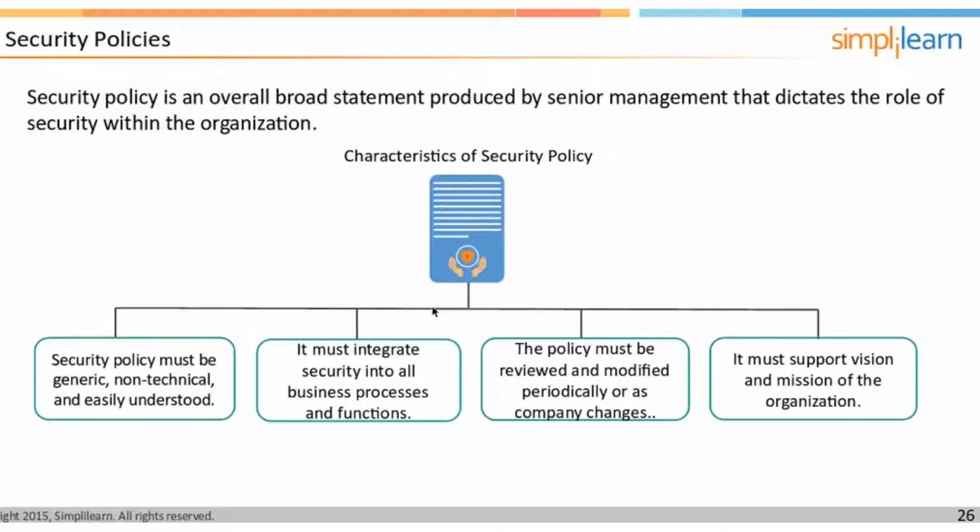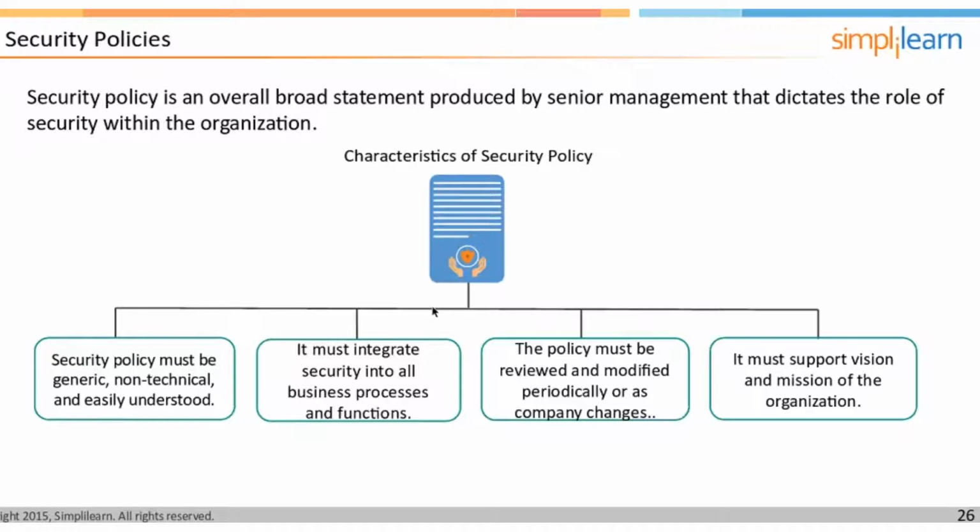Some of the characteristics include: it's going to be generic, a very broad statement, and it has to be non-technical. People should be able to understand what it is talking about, so you cannot use any technical words in a policy. A policy must integrate security into all business processes, so we must be looking at the enterprise end-to-end.